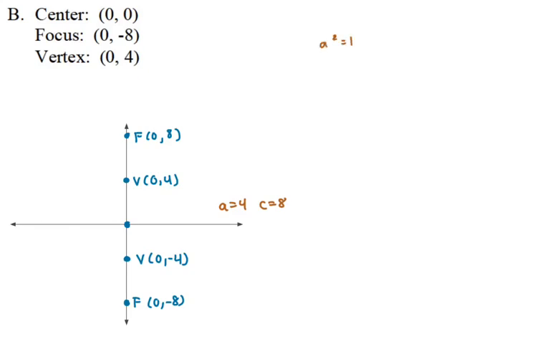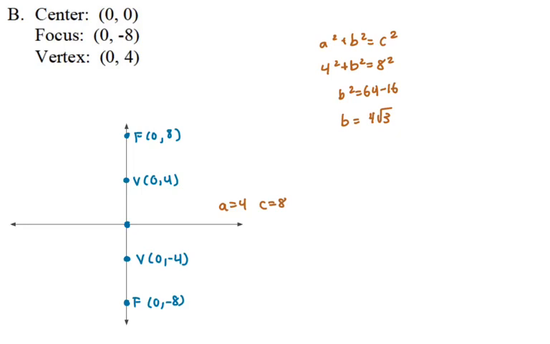A squared plus B squared is equal to C squared in this case for hyperbola. So 4 squared plus B squared is equal to 8 squared. B squared is equal to 64 minus 16. So B is equal to 4√3.